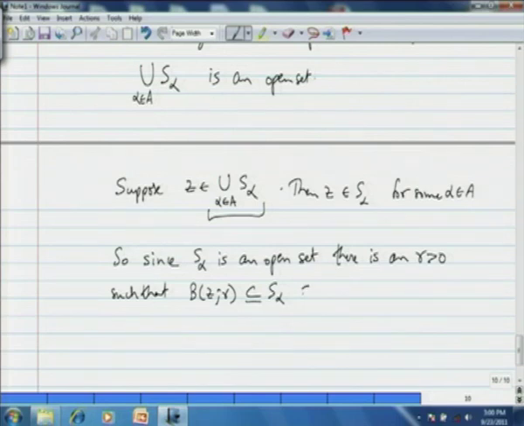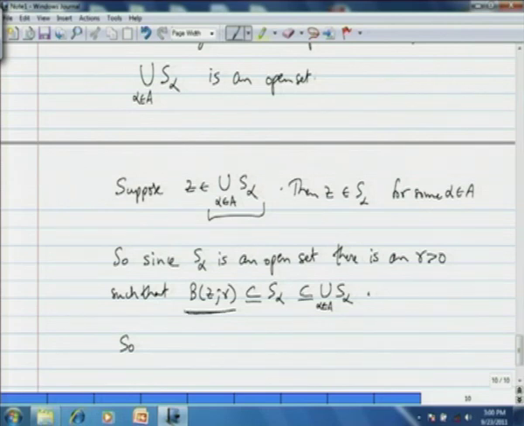And then this S alpha of course is contained in the union of these S alphas. So, since z is an arbitrary complex number which is in the union, and we have shown that B(z, r) for such a choice of r is contained in the union, we declare that this union is an open set. Okay, so that is an easy proof.